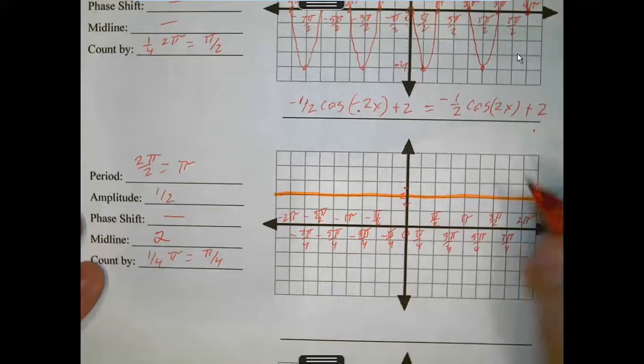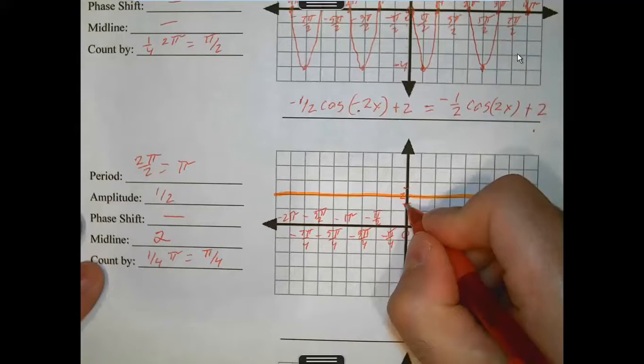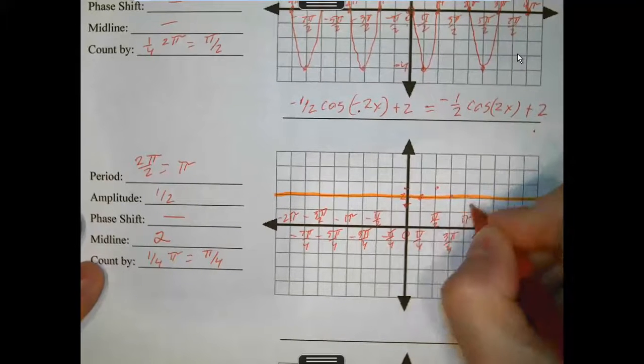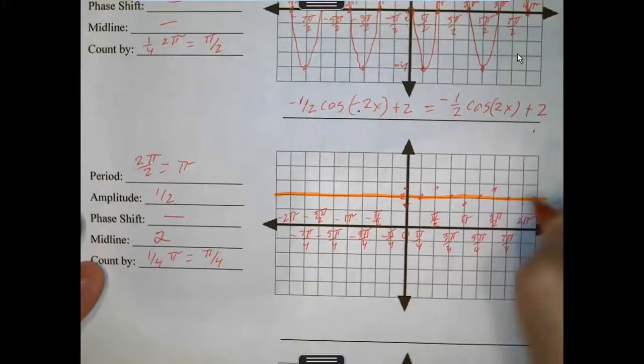Okay, so this is cosine. So I start at my amplitude. It's a negative cosine, so I start at the negative amplitude, and now I just mark my dots.